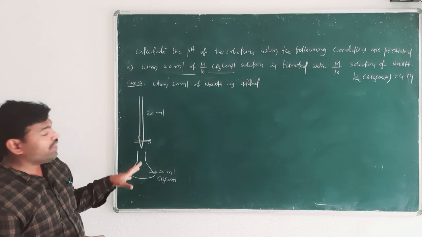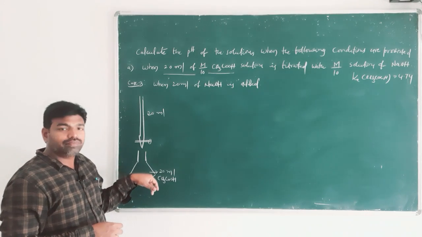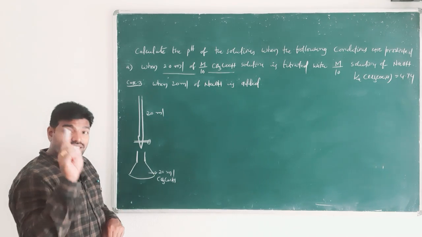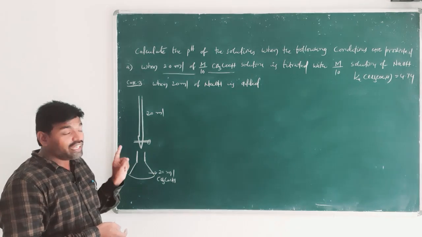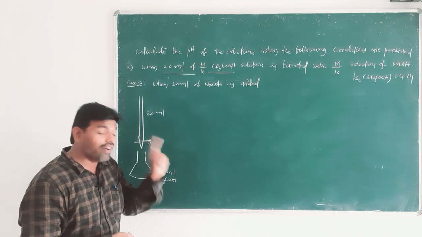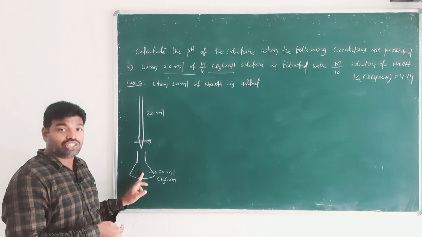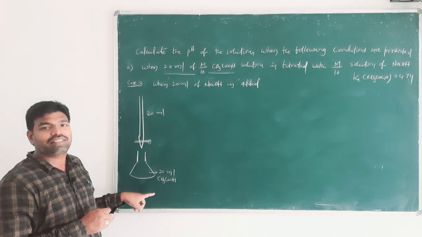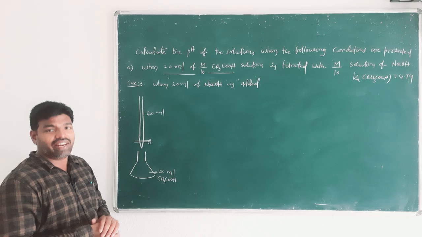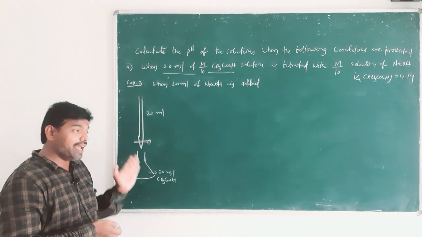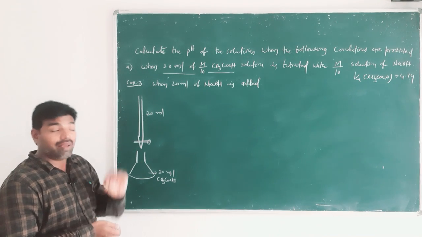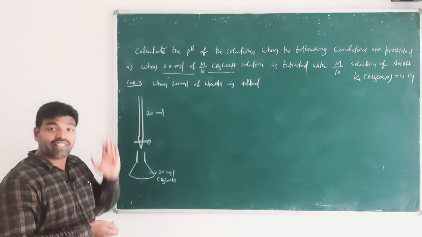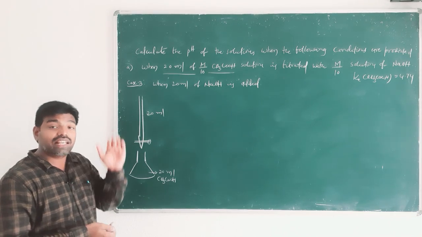When we are adding titrant to analyte, the pH of the resulting solution undergoes change, and there is no single formula to calculate the pH, because from time to time conditions vary. Sometimes an acidic buffer is formed, sometimes a salt is formed, sometimes only acetic acid remains when no titration is carried out.